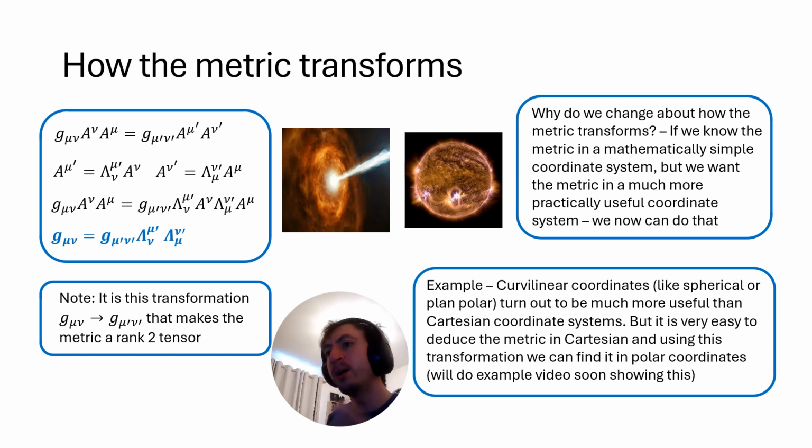So that's why we would want to transform the components of a metric: to calculate it firstly in a mathematically simple coordinate system, and then get the components in a much more physically useful coordinate system.